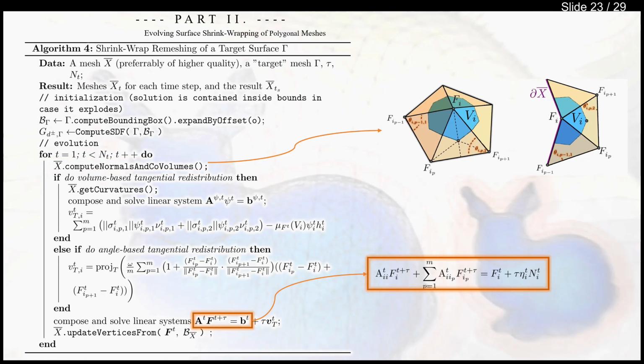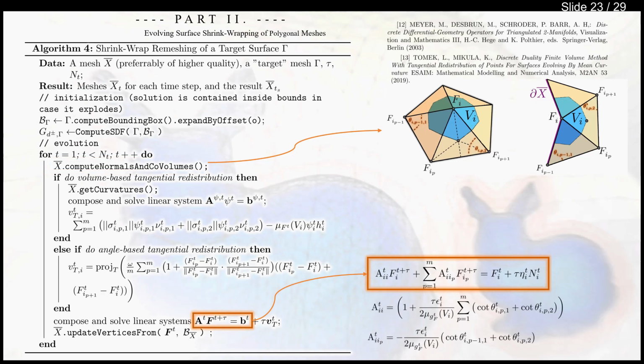The curvature terms contain a cotangent formulation of the mesh Laplacian, the Laplace-Beltrami operator, derived in a 2003 paper by Meyer, Desbrun, Schroeder, and Barr. The finite volume formulation of the problem, with some alternative approaches, is dealt with in a 2019 paper by Tomek and Mikula.